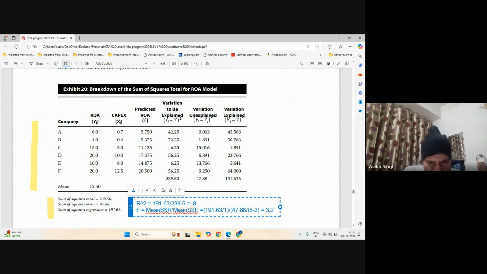So the correct formula is mean SSR over mean SSE, where mean SSE is SSE divided by n minus k minus 1.